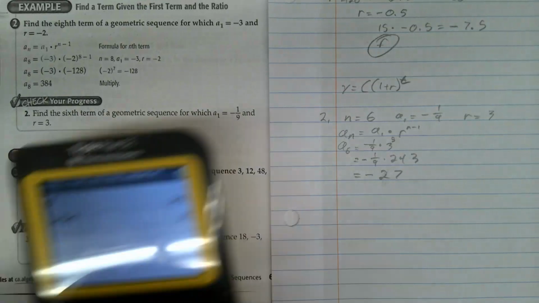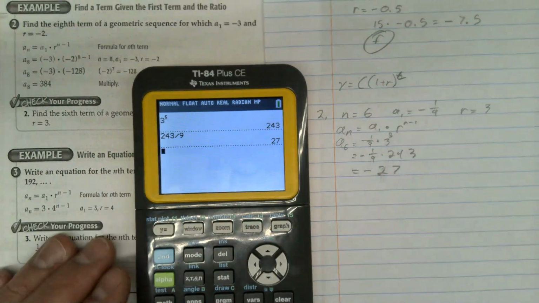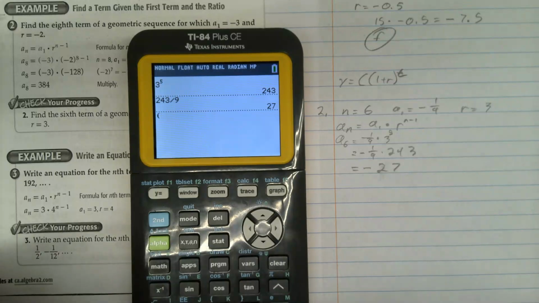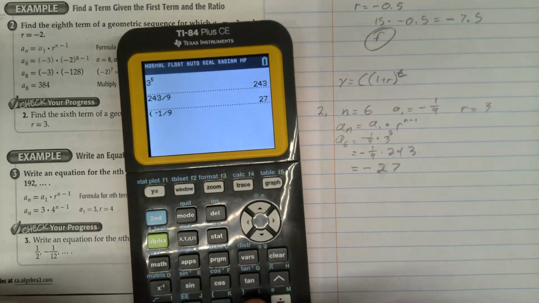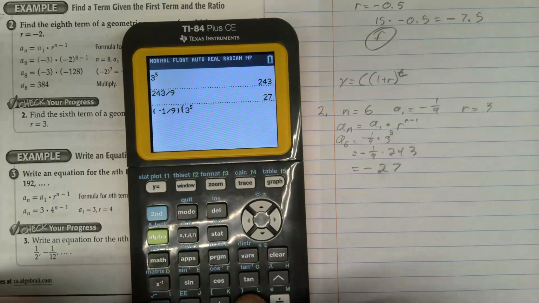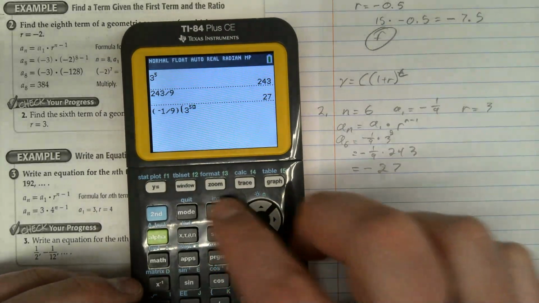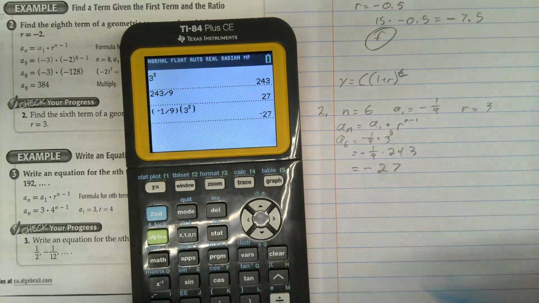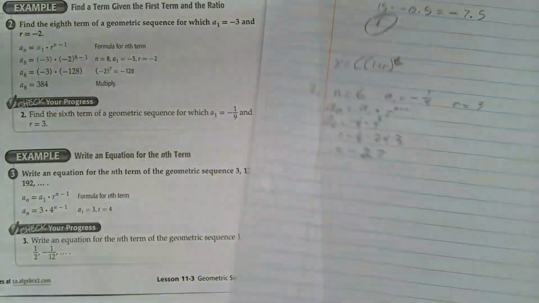Now I'm going to throw this into my calculator again just to be sure. I wanted to do it on paper because it is a fraction. So -1/9 times 3 to the 5th: -27, yep, we're good.